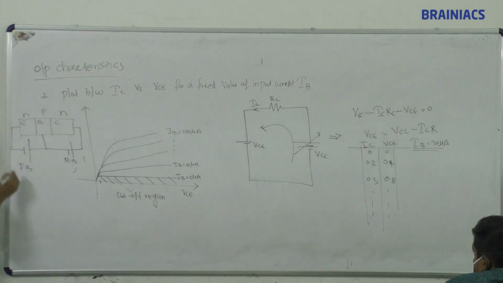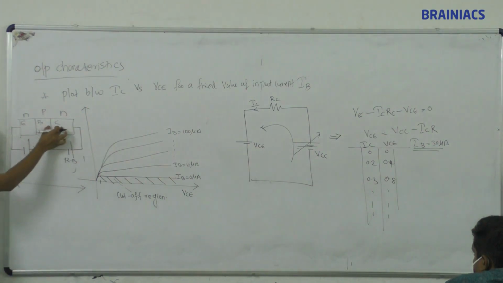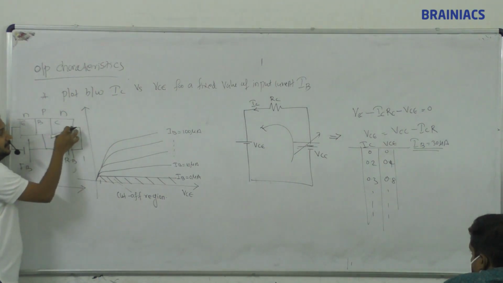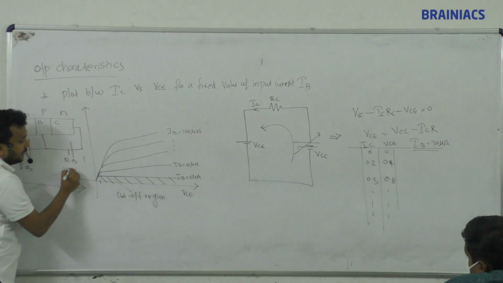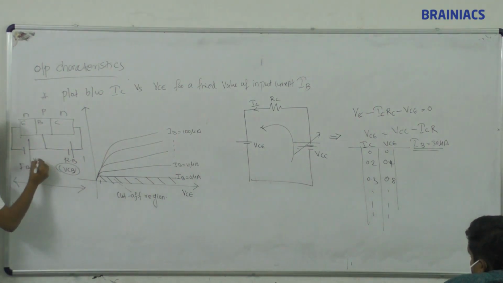Now I can also say the collector is connected with a negative terminal, so the collector is in reverse bias state, but the emitter is in forward bias. Here reverse bias means VCB, and this one means VBE.